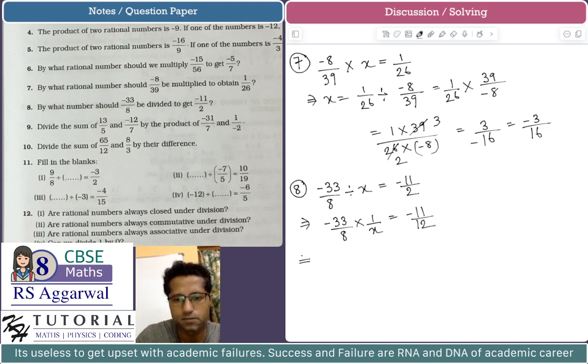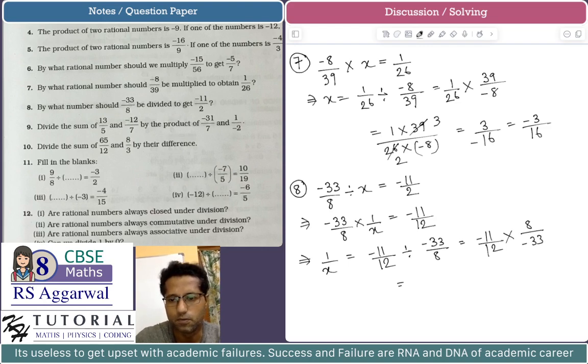So this means that 1 by x will be equal to minus 11 by 12 divided by minus 33 by 8. This is equal to minus 11 by 12 multiplied by 8 by minus 33. This is equal to minus 11 multiplied by 8 divided by 12 into minus 33.